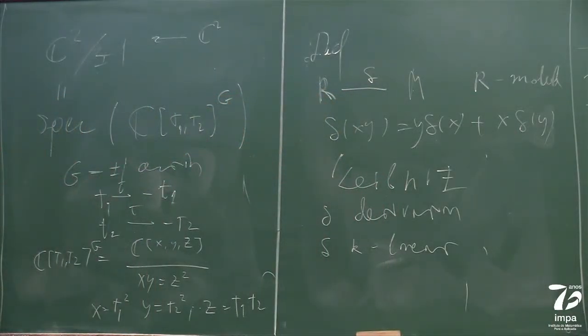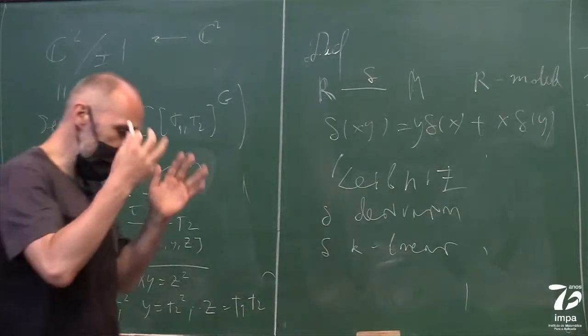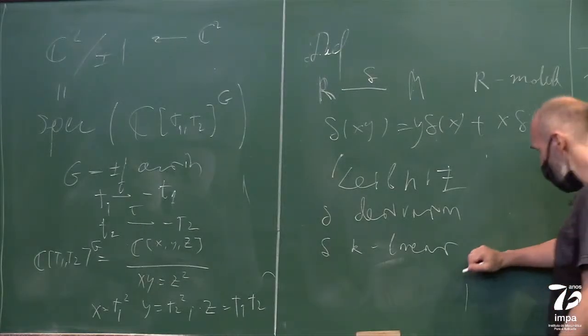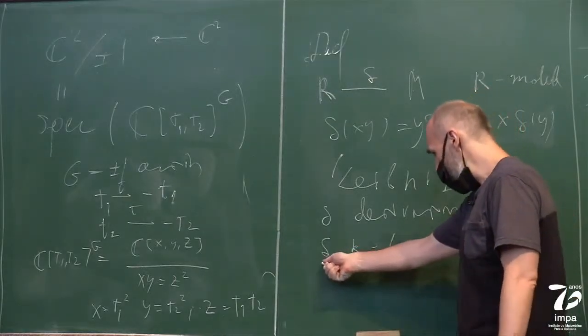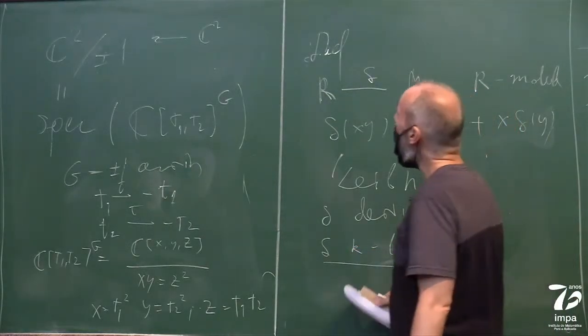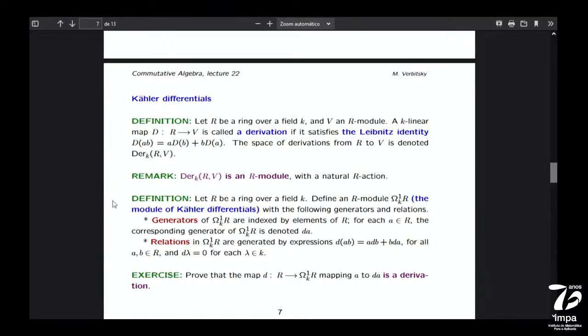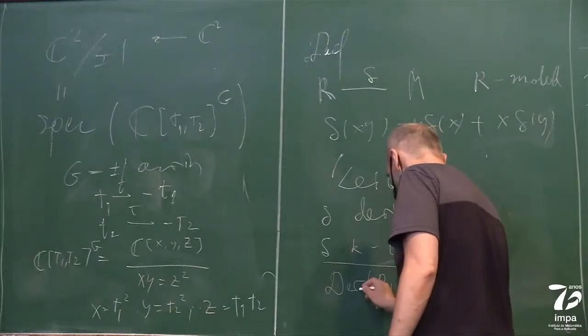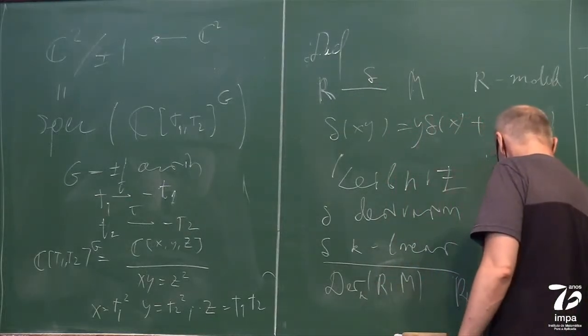So when you work with C, you always think, okay, everything which is true in C is also true in Q bar. So people always assume that derivations are k-linear. And the same with the Scalar differential. And of course this module of derivations from R to M is also a k-module, an R-module.